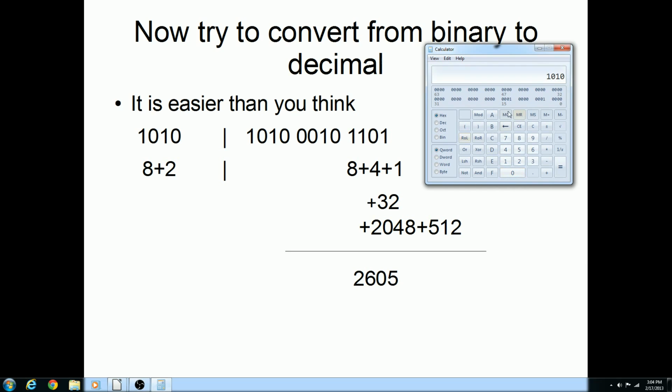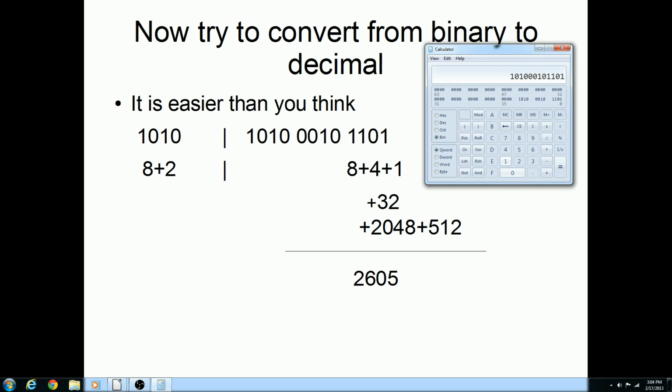Oops, no. Hex is something else. I said we'd get to that later. So go ahead and set it to binary. That's my bad. So we're going to do 101000101101. Now if you look, make sure this is the same: 1010, 0010, 1101.